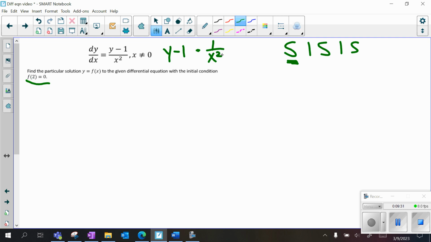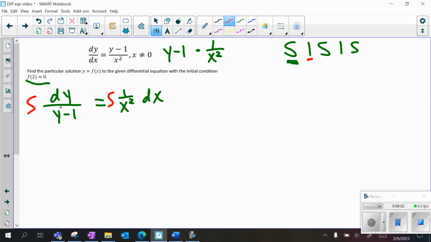So that when we separate it, we can divide the y minus 1 to the left, giving us dy over y minus 1 equals 1 over x squared dx. So now they are separated.